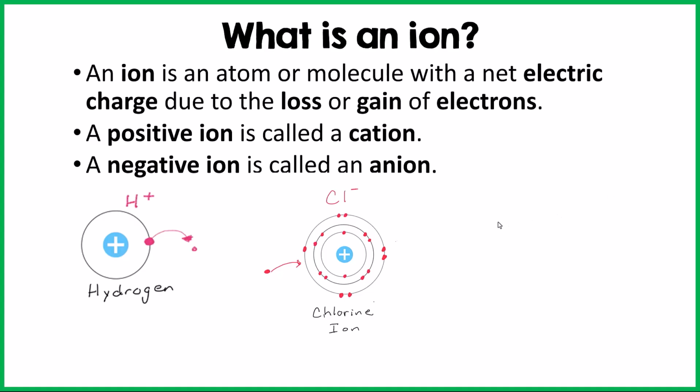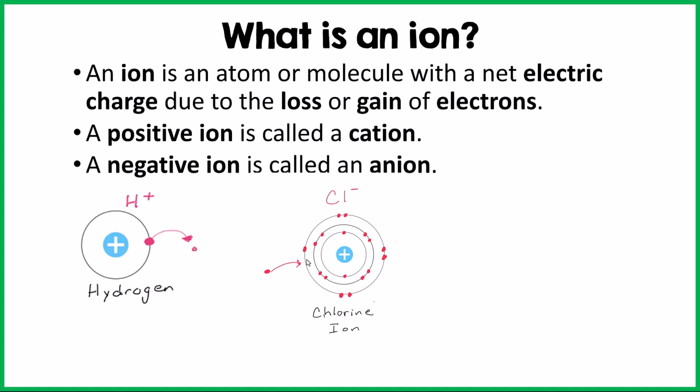So here are some examples. Hydrogen only has 1 electron. If it loses that electron, it becomes a positively charged ion, and we write that with a little charge up at the top right corner. So H+ is a positive cation of hydrogen.